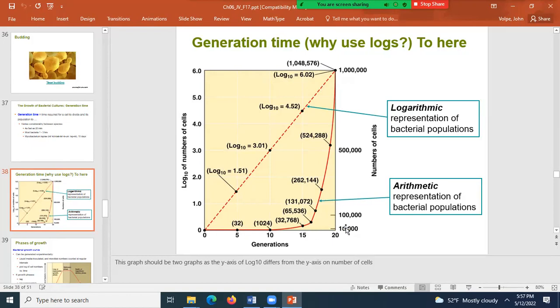And that's why we don't like the arithmetic graph. We like the semi-log graph because if we apply it on a semi-log graph, the generation time is still arithmetic, meaning we have the number of generations here, but we have the log of the number of cells on the Y axis. One reason why we like the log scale is this point here, the next point on the graph will be about here instead of on the ceiling.